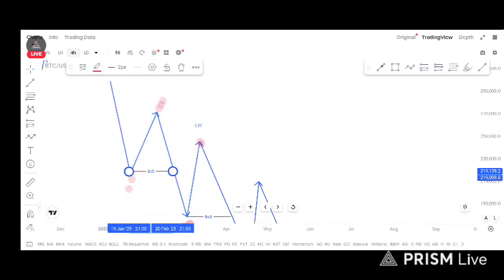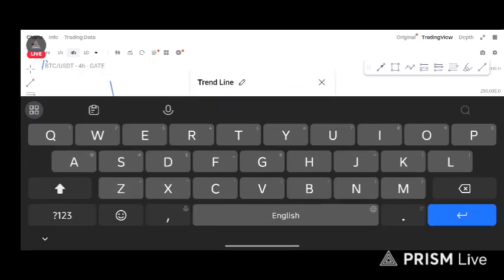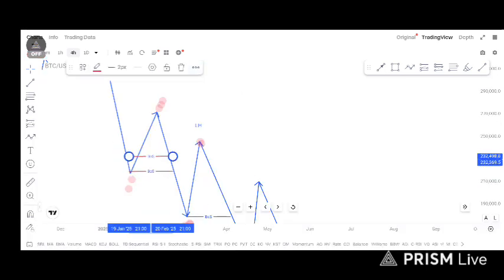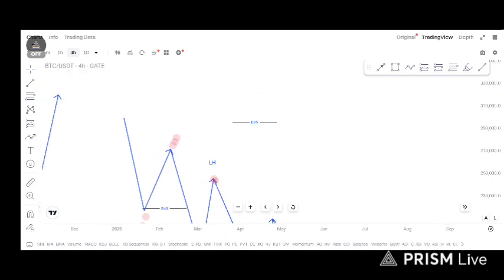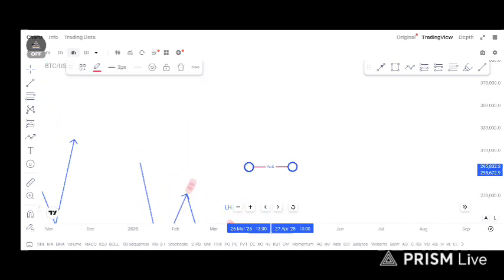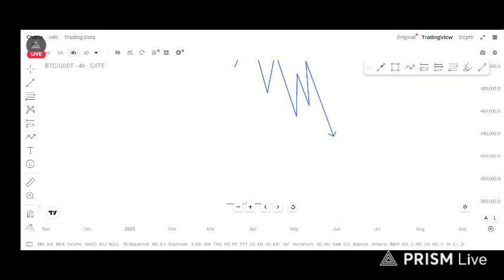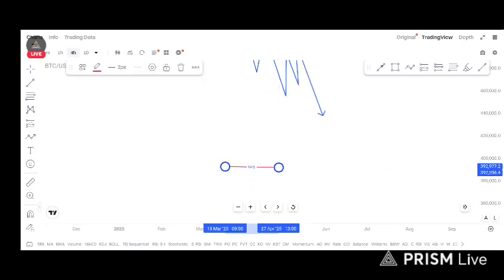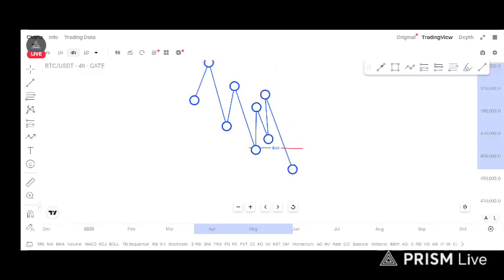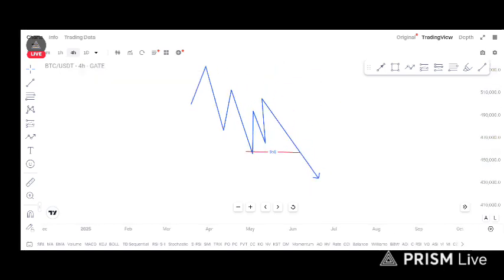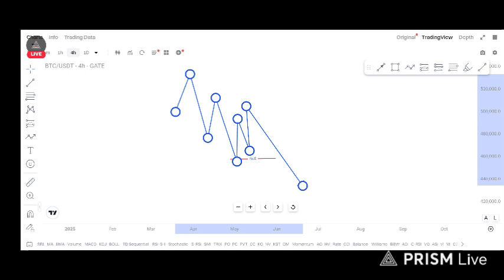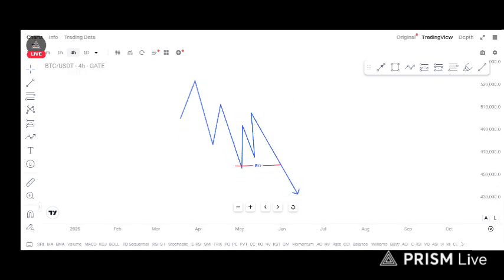let me bring our breakout structure here. Okay, the market has broken structure.